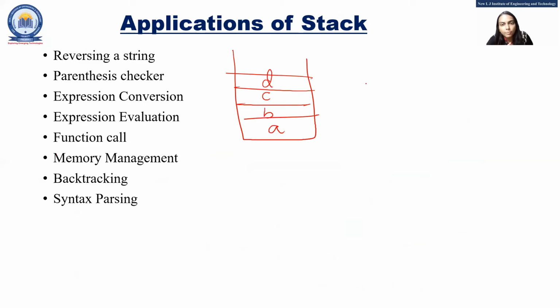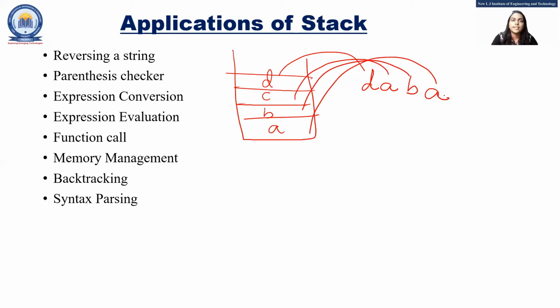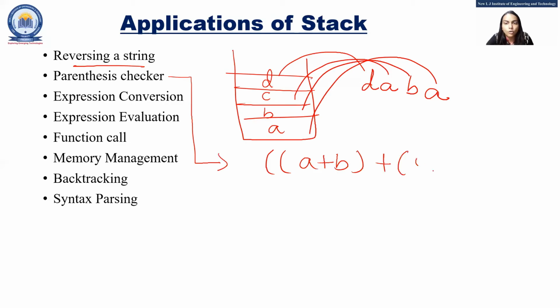And while popping out, if we print the values one by one, we get the reversed string, right? Because it works in last in, first out manner. So it is useful in reversing a string. It is also useful in parenthesis checker, right, students? If there are some brackets inside the equation, and we want to check whether there are proper parentheses and brackets, this can be done using stack.